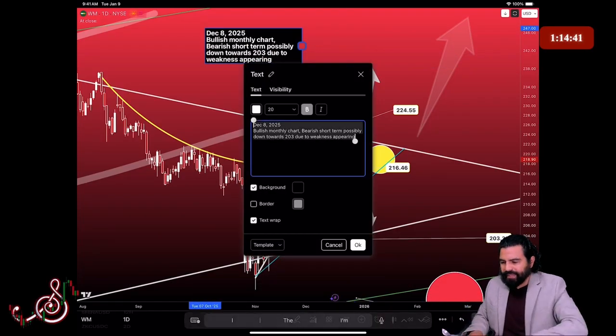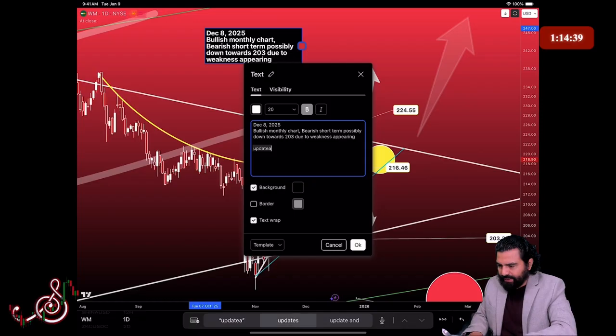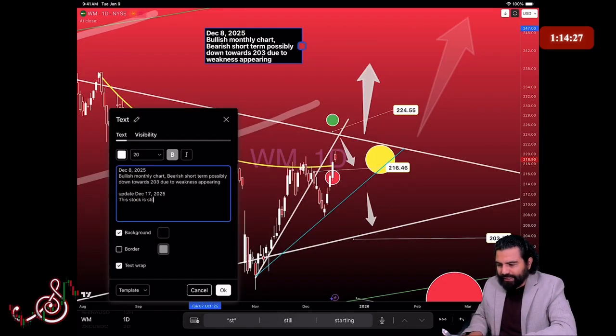Okay, update December 17th. This stock is still in a delay territory with the 216 area still acting as a possible resistance.